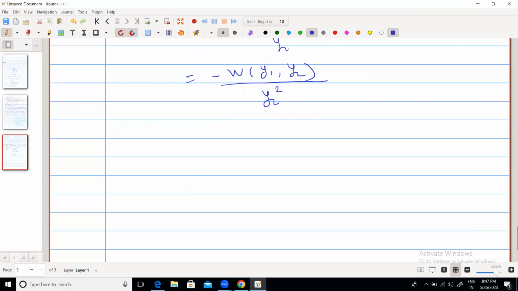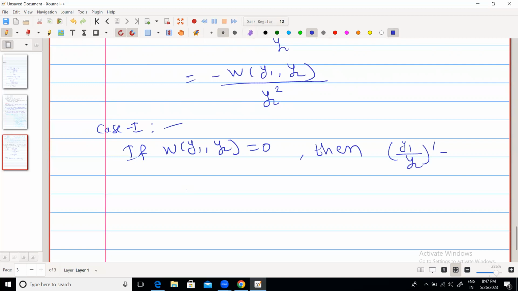So first condition, case 1, if Wronskian of y1 comma y2 is 0, then we get y1 divided by y2 dash is 0. So we know if f dash of x is 0 implies the function f is constant, right.